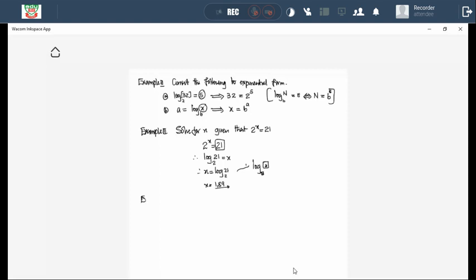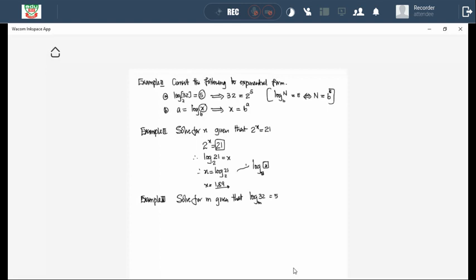Our last example is going to be what? Solve for m given that log 32 base m is equal to 5.